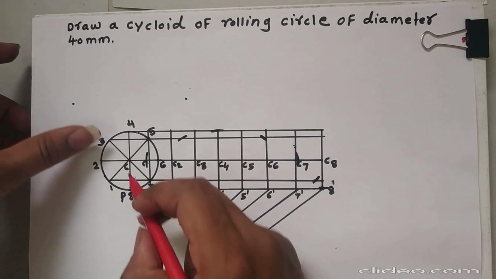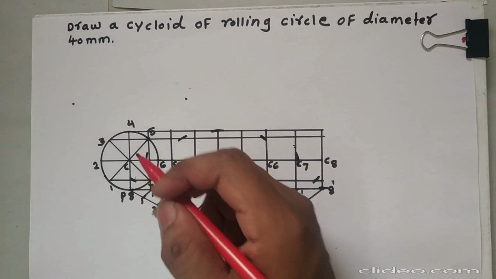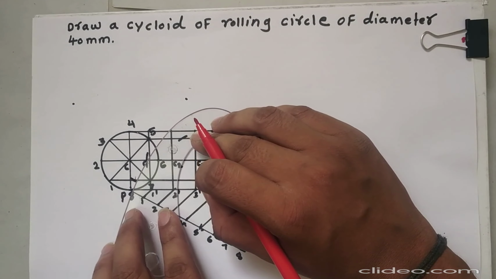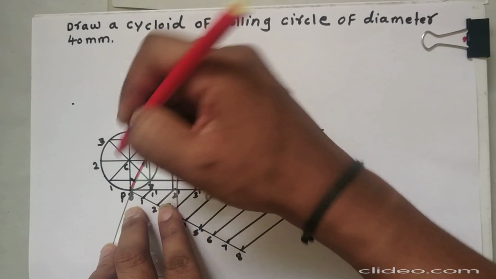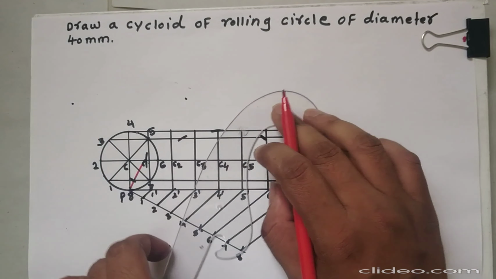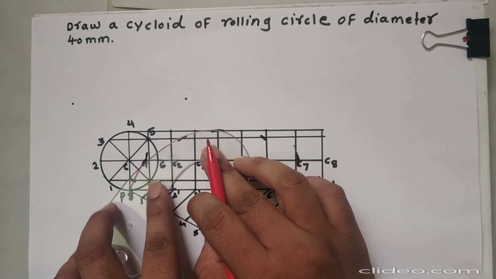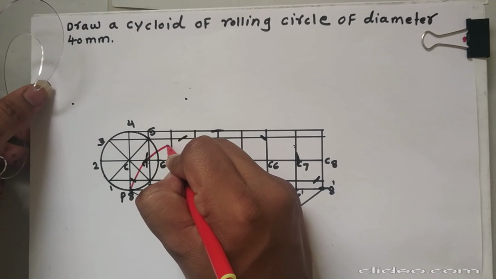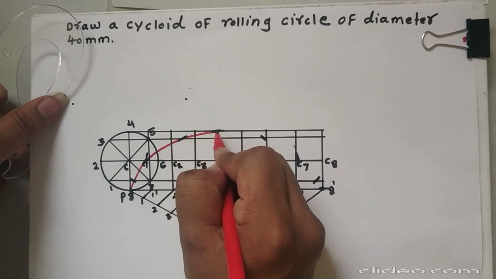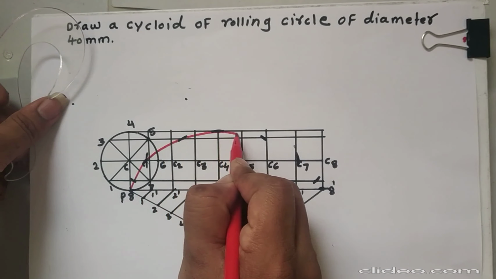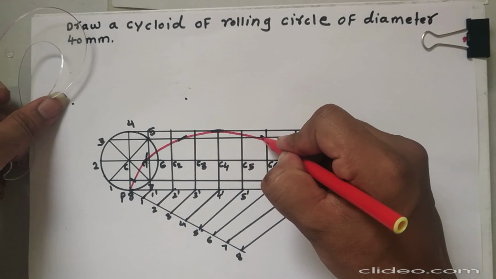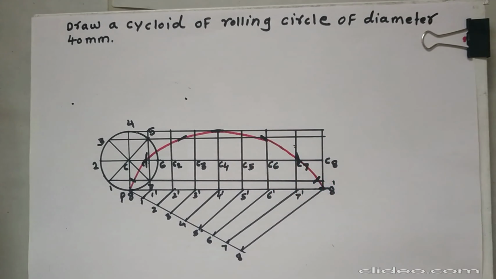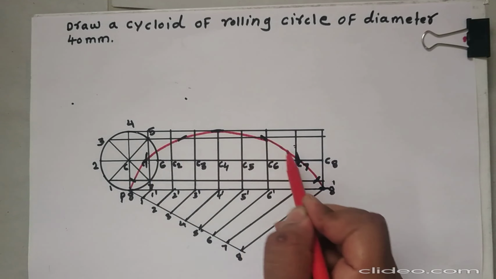You can use the French curve and connect all points. So this red colored part is called a cycloid.